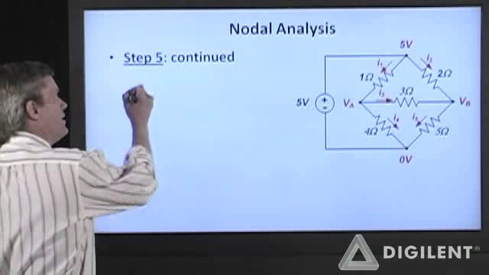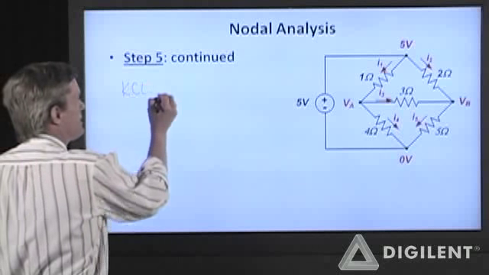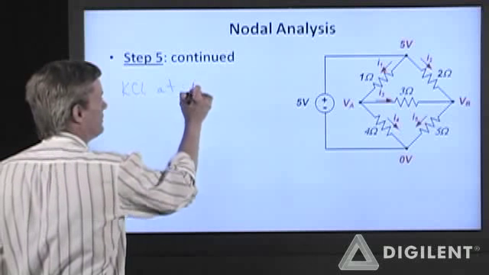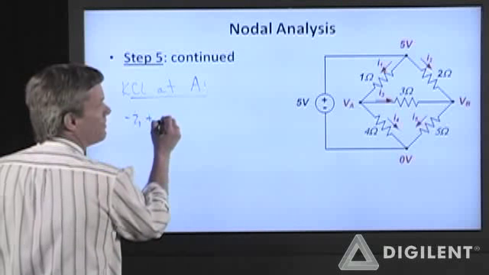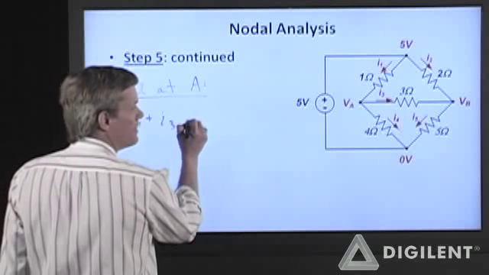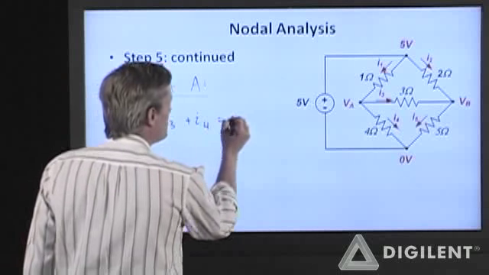Previously I said KCL at A gave me minus I1 plus I3 plus I4 equal to 0.